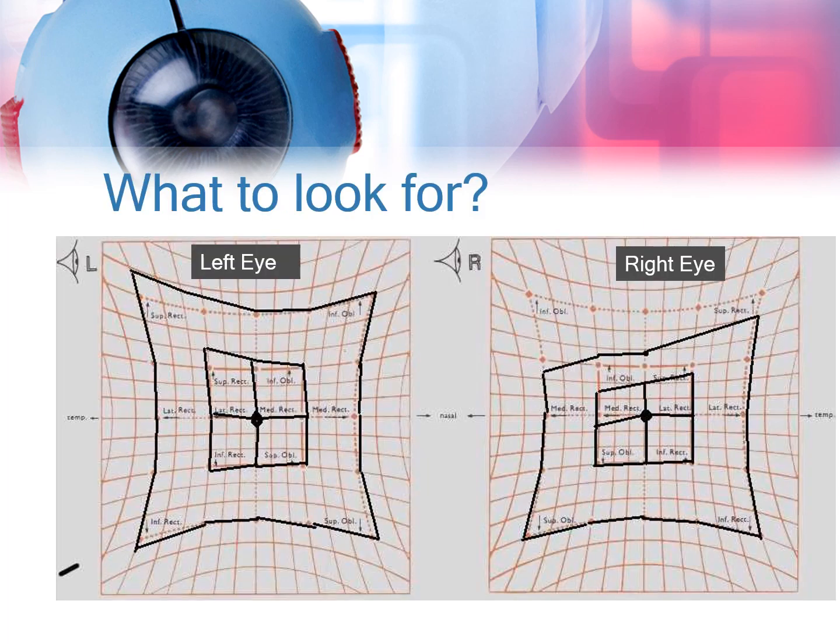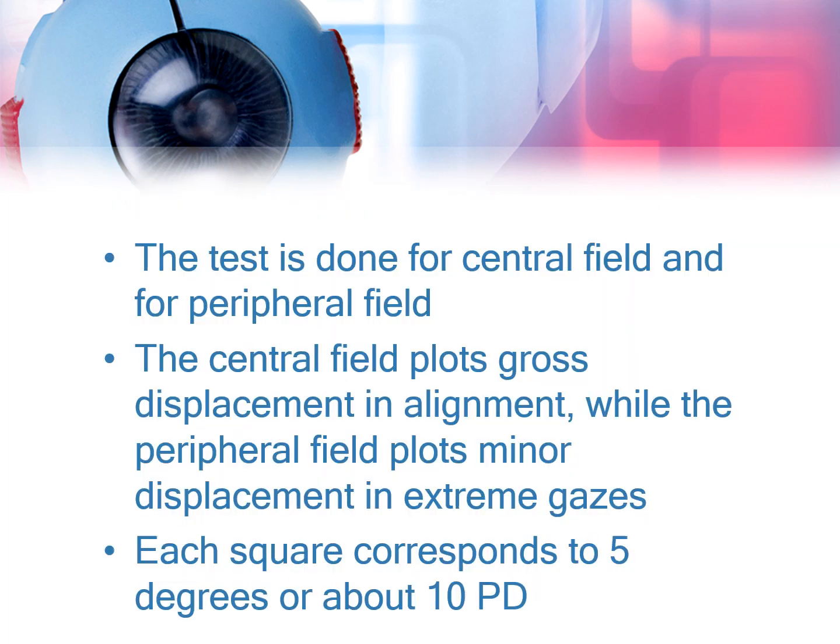The Hess screen is plotted with the letter L indicating the field of the left eye and the letter R indicating the field of the right eye. The test is done for both the central and peripheral fields. The central field plots gross displacement in alignment, while the peripheral field plots minor displacement in extreme gazes.